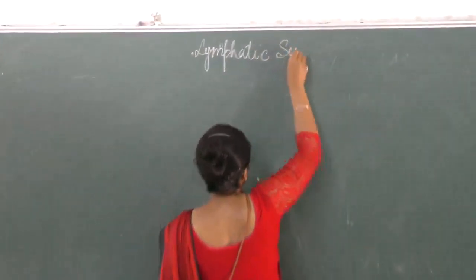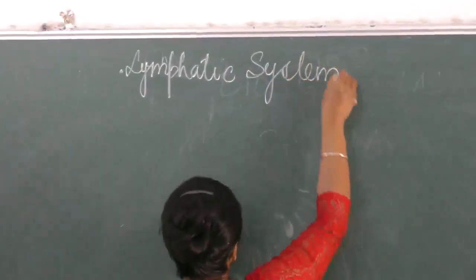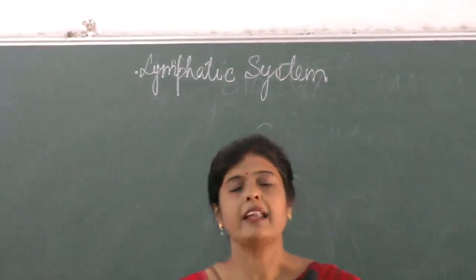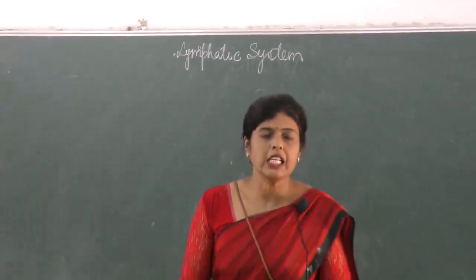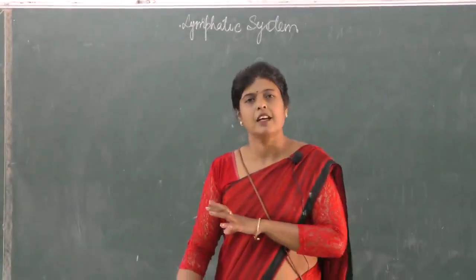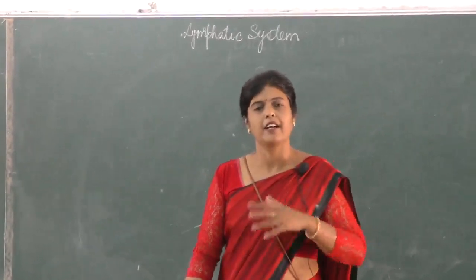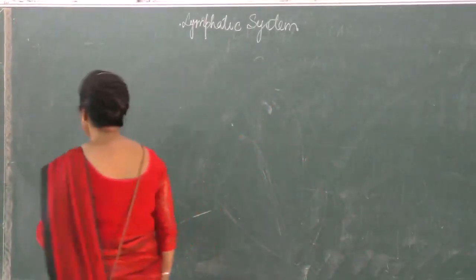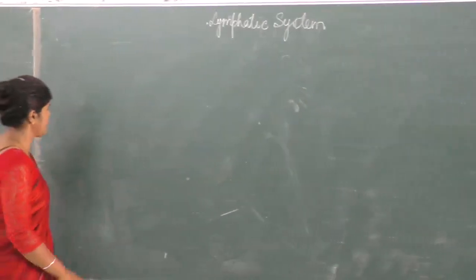When I started teaching you the circulatory system, I told you about blood, tissue fluid and lymph, you remember. Until we understand this circulation of blood, I cannot explain tissue fluid and lymph. So let us see what is happening.